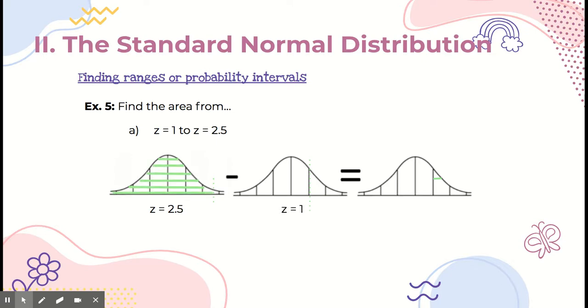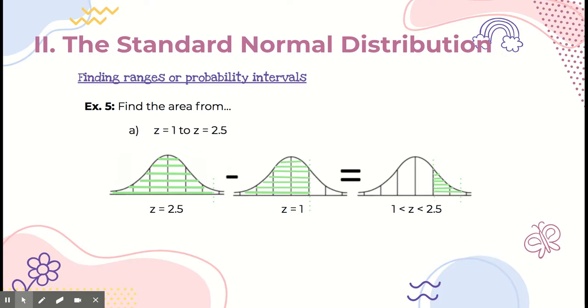And then we have z equals 1, which from left to right doesn't cover quite as much. So we're going to subtract the greater area minus the smaller area. And that's going to give us this range in the middle in between these two. So 1 is less than z is less than 2.5.